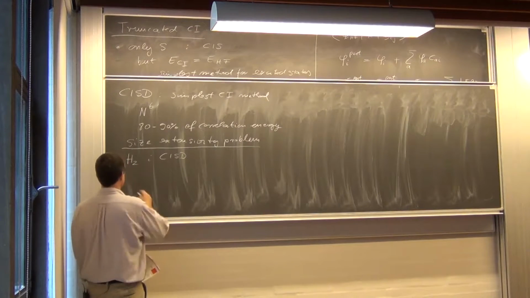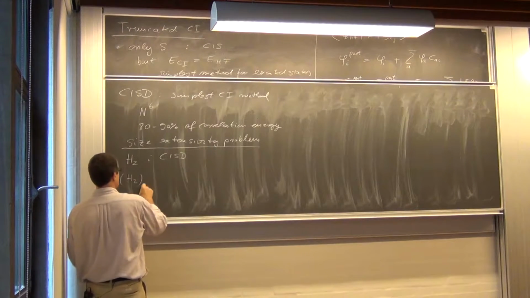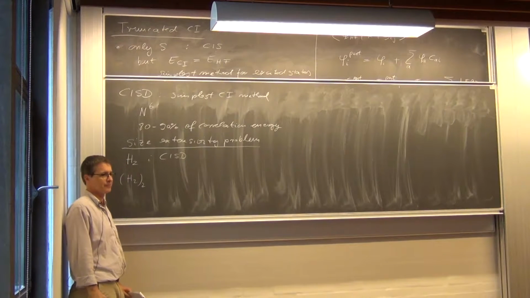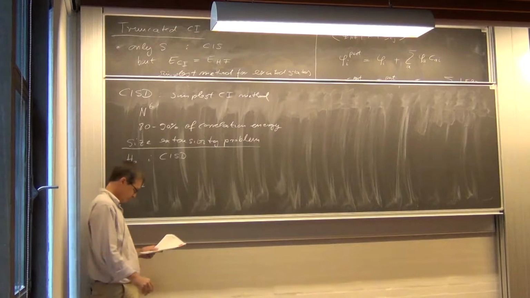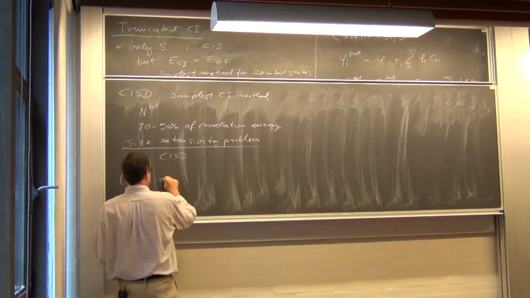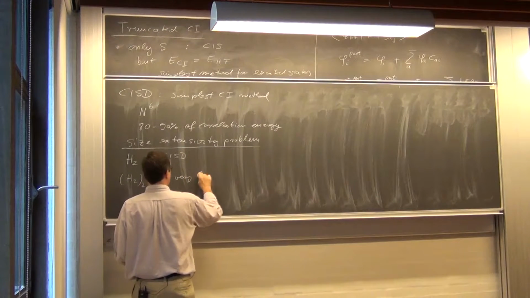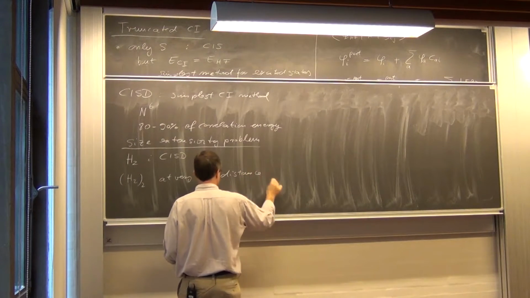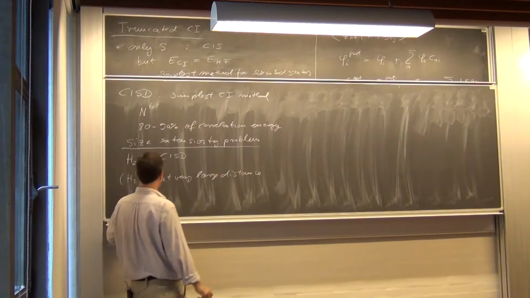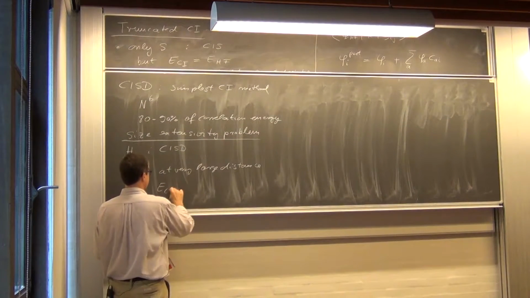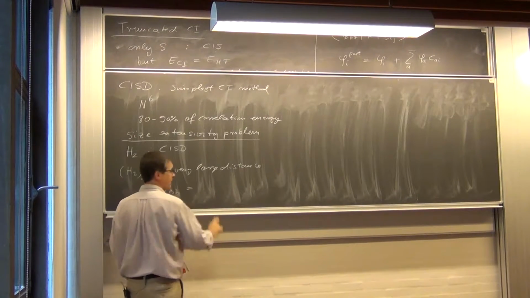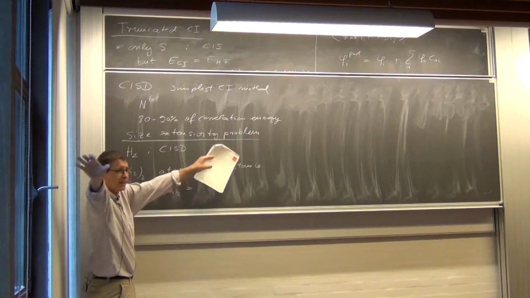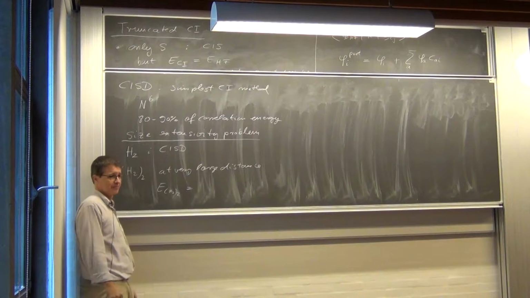But if I now take another system, two H2 molecules, and let's take the simple case that they are infinitely apart, at a very large distance, what do you think the energy should be, if I have a dimer of H2 but they are infinitely apart?